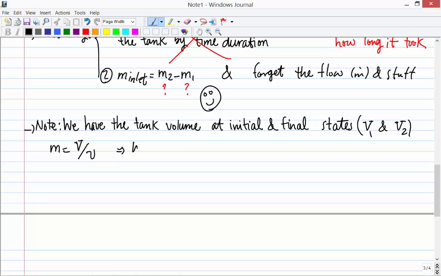So to solve for M, I need to solve for little v first, then put it in this equation, and then get the mass. So I need to find the specific volumes, little v1 and little v2.